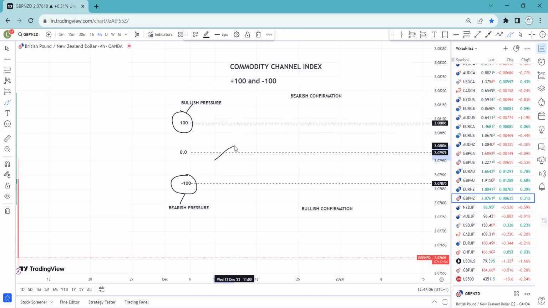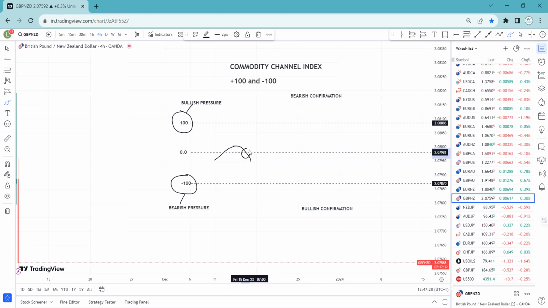Now, the zero line is the neutral line. I've really not said anything about the zero line, but it is the neutral line. But on that neutral ground, battles can also be won. So on that zero line, if prices come from below it, go above it and come back below.